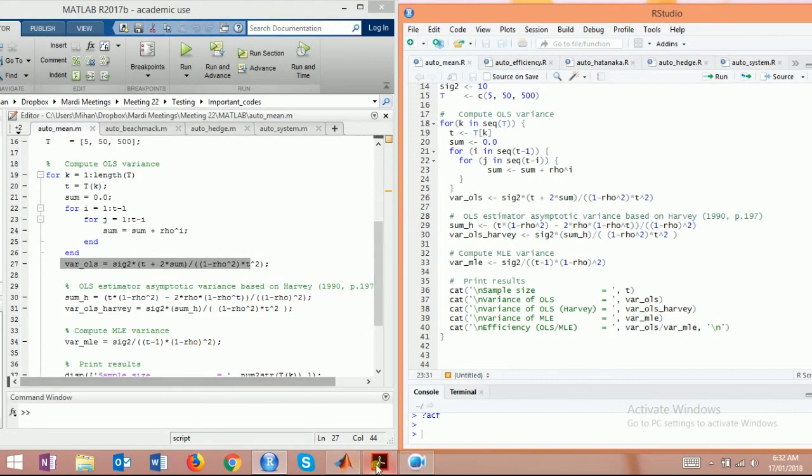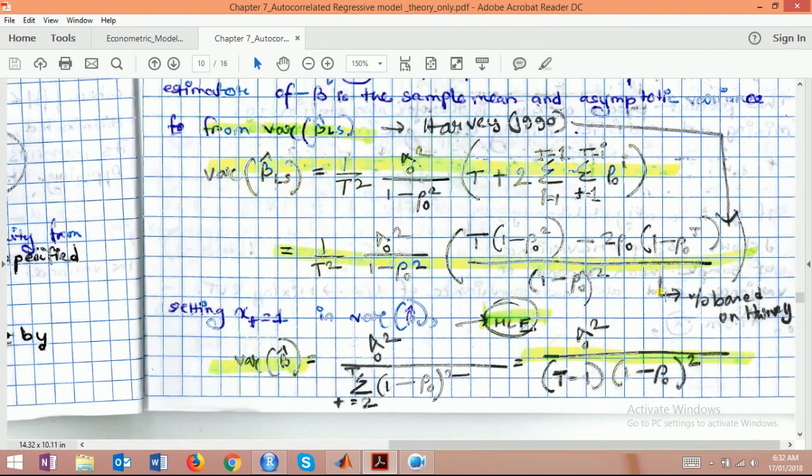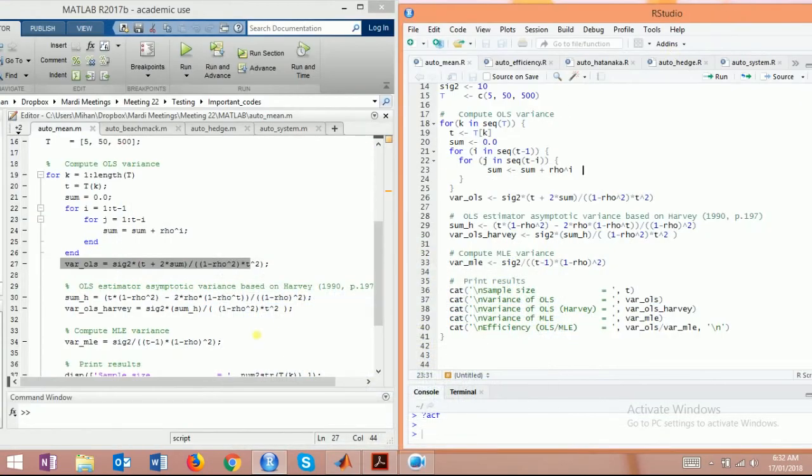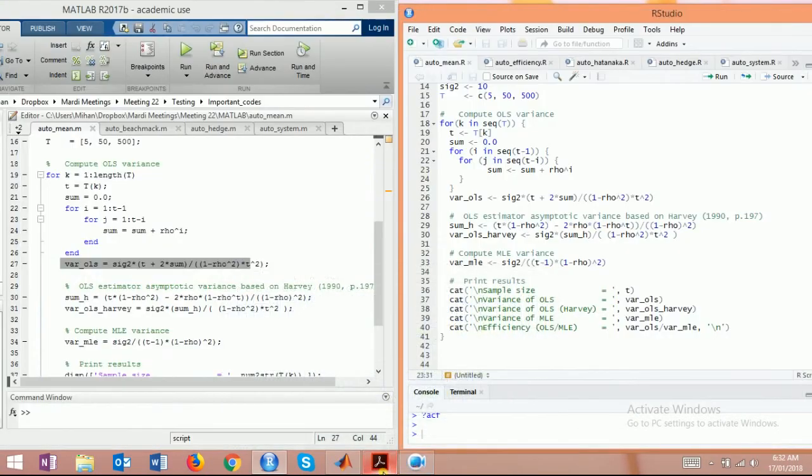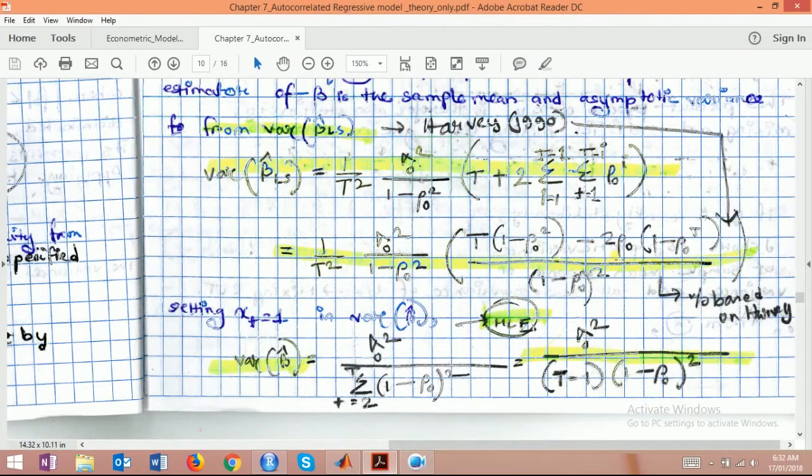Now let's do it on the basis of Harvey. This is Harvey's suggestion. Sum of h is t into 1 minus rho square, minus 2 rho, 1 minus rho naught square, divided by 1 minus rho naught square.